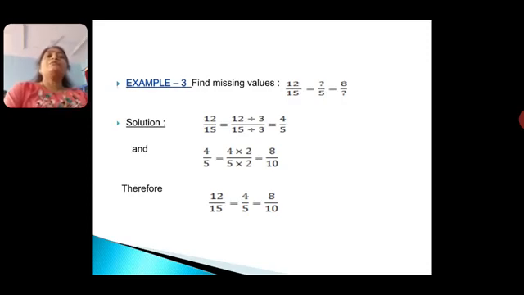Here 12 by 15, if we divide numerator 12 and denominator 15 by 3, then we get 12 divided by 3 by 15 divided by 3 equals 4 by 5, and 4 by 5 equals 4 into 2 by 5 into 2 gives 8 by 10. Therefore 12 by 15 equals 4 by 5 equals 8 by 10. Here the missing values are 4 and 10.